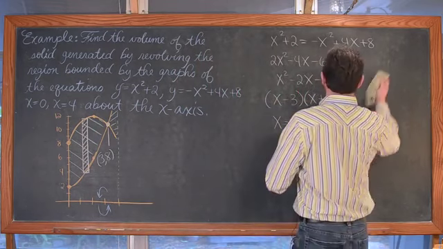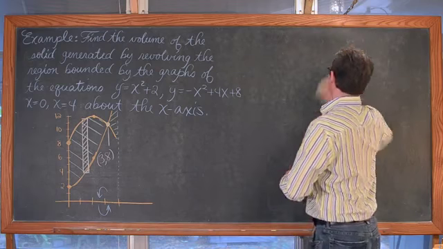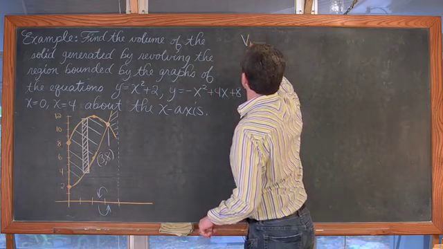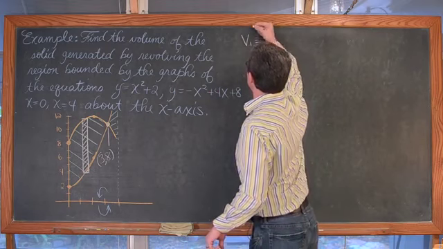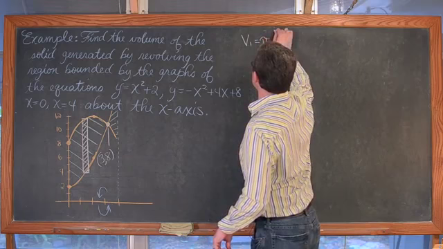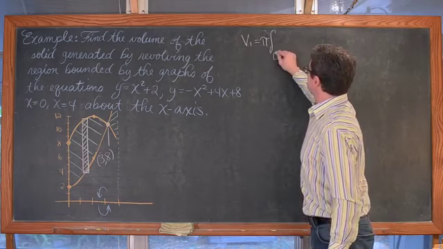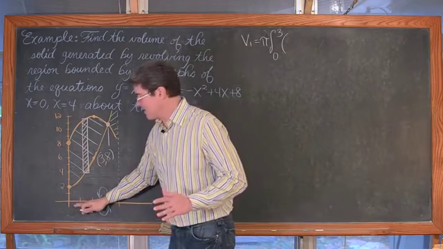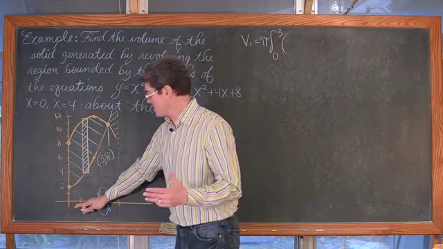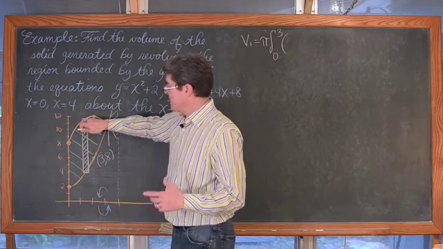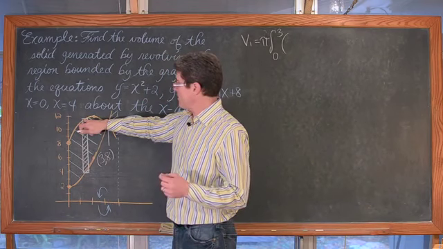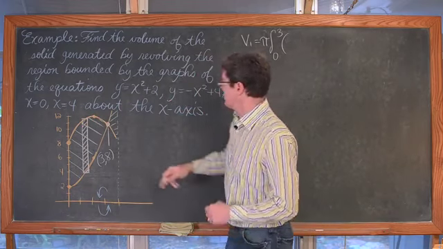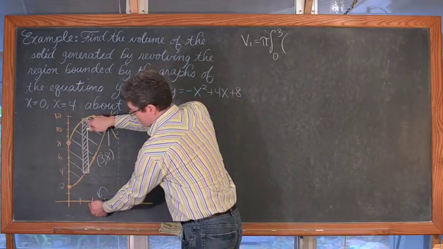So let's get this erased, and we've got volume 1, or V sub 1, is equal to pi times the definite integral from 0 to 3 of our outside radius. Now again, our axis here is y equals 0, so it's going to be whatever y value we get from our outer function, negative x squared plus 4x plus 8, minus y equals 0.